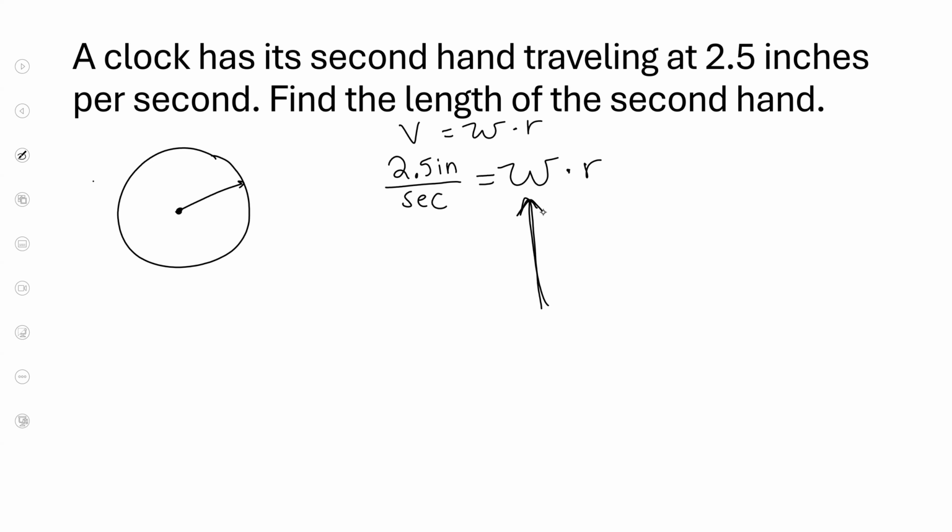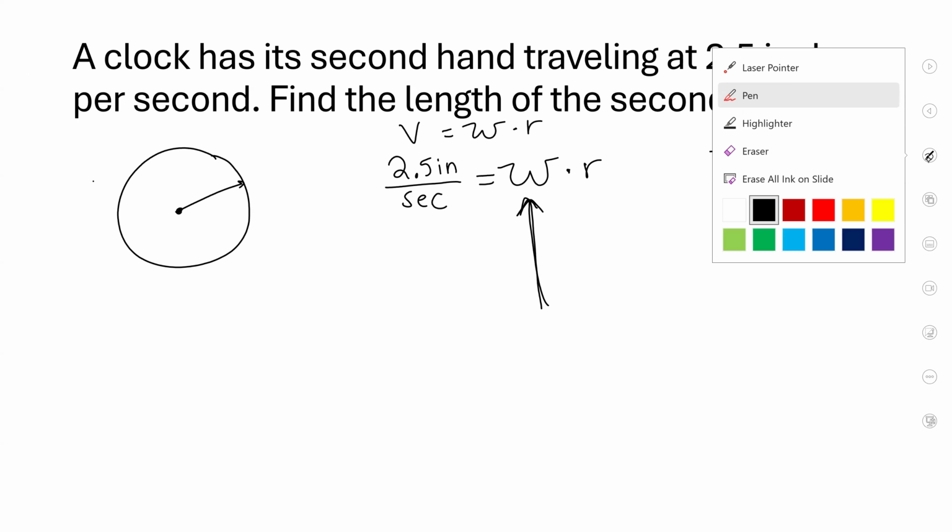I'm going to pause here. So remember, in order to find angular velocity, the formula is the angle measurement over time. So if you have a full circle, a clock, the angle measurement is 2 pi.